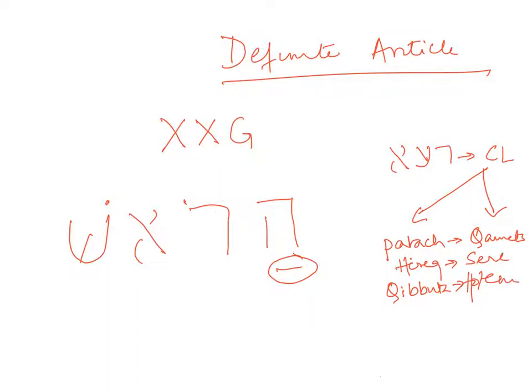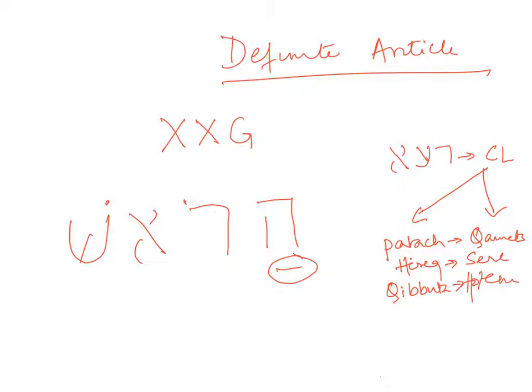These are the three possibilities of lengthening which can happen in compensatory lengthening.